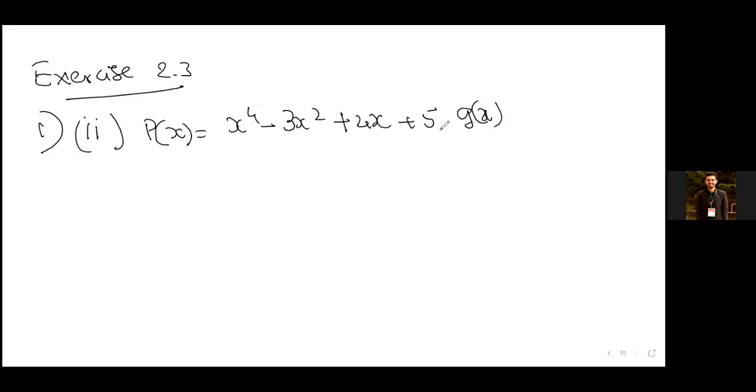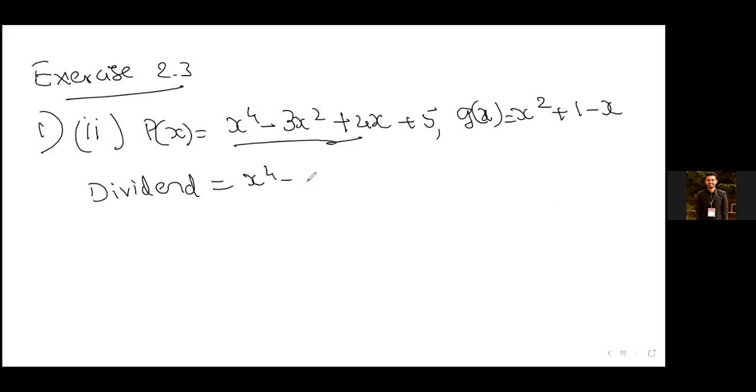Then g of x is given as x square plus 1 minus x. Here the dividend is x to the power 4 minus 3x square plus 4x plus 5.